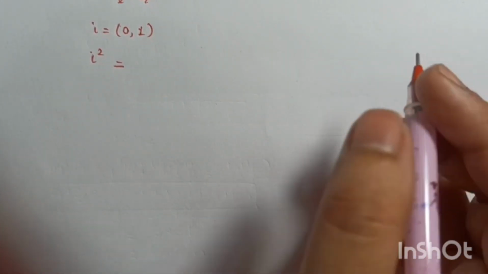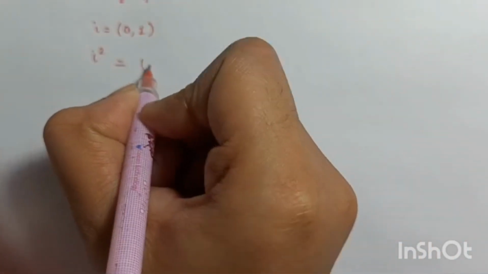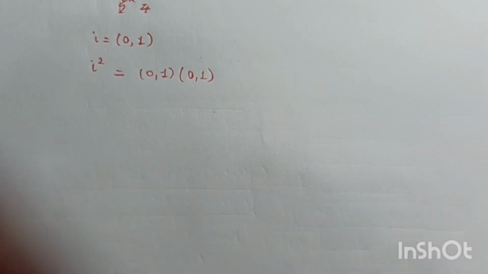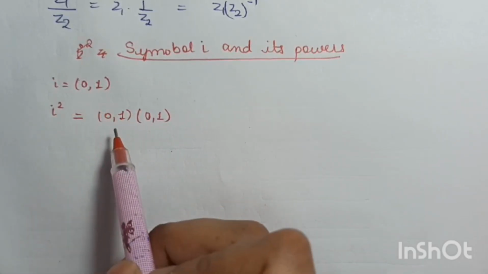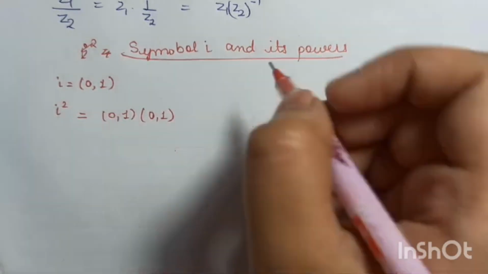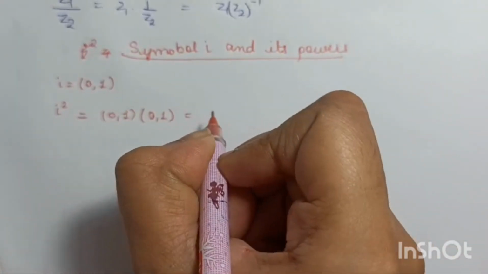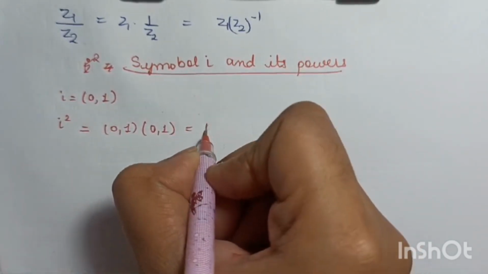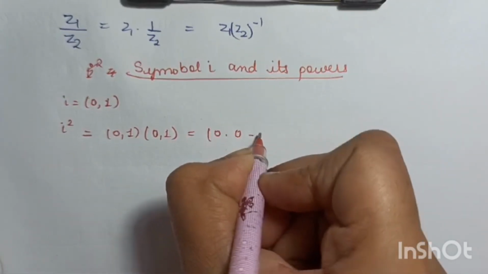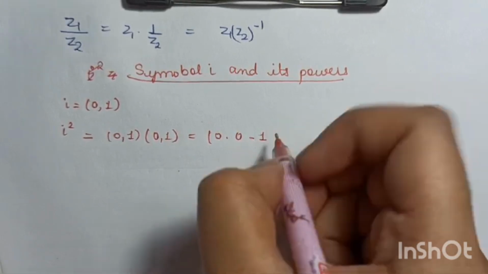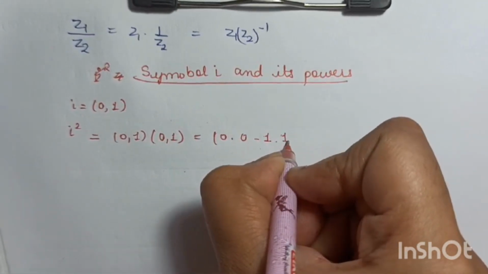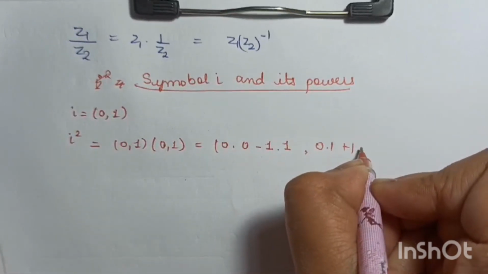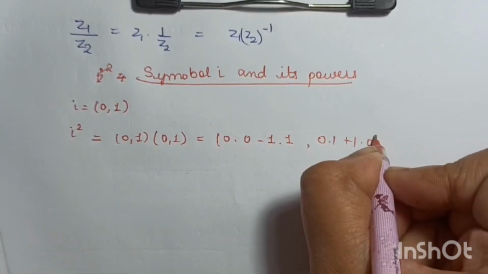So what is iota square? We have iota square is 0 comma 1 into 0 comma 1. What will we get by the product formula for multiplication we studied before? It is 0 into 0 minus 1 into 1 comma 0 into 1 plus 1 into 0.